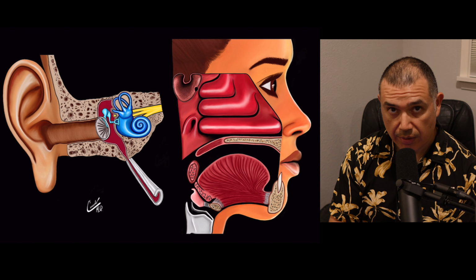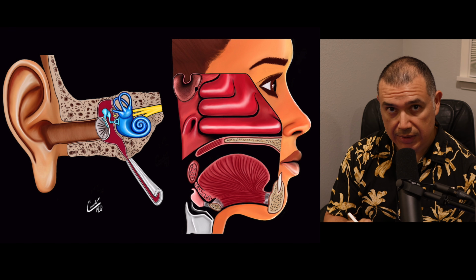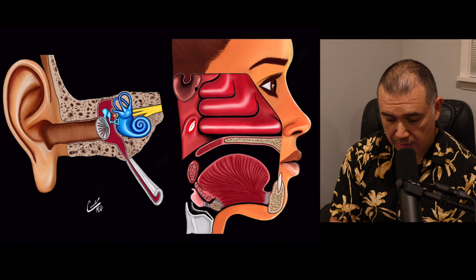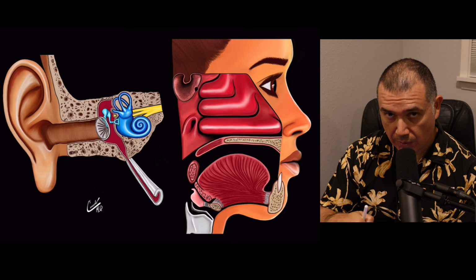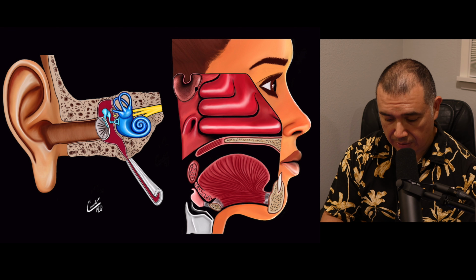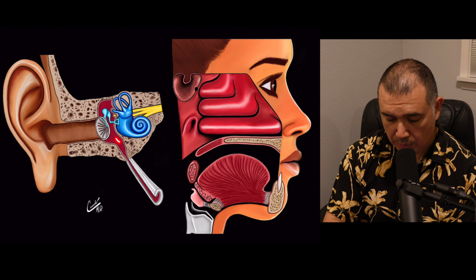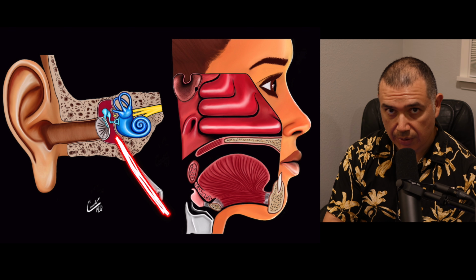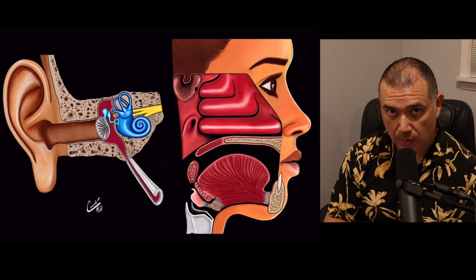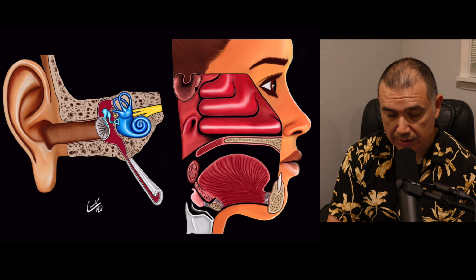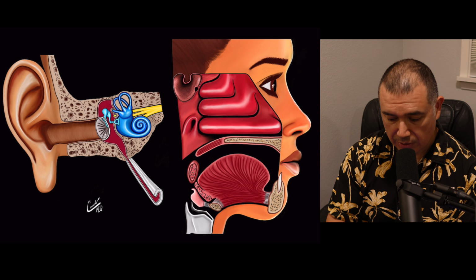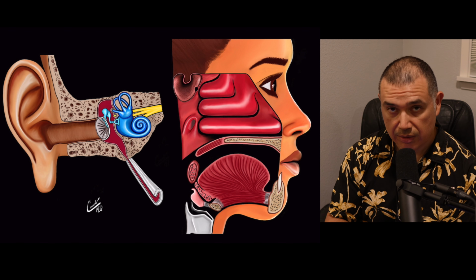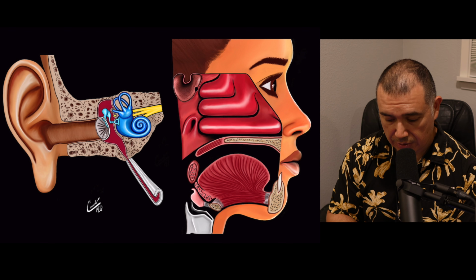Therefore, when you think of eustachian tube, don't just think of the ear. You also need to remember that there is the hole that drains the eustachian tube in the back of the nose. The reason that's important is this movement of air through here allows for equalization of the pressure inside the middle ear with the pressure in the back of the nose. So this is the eustachian tube.